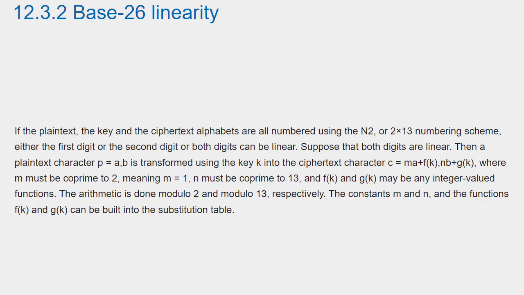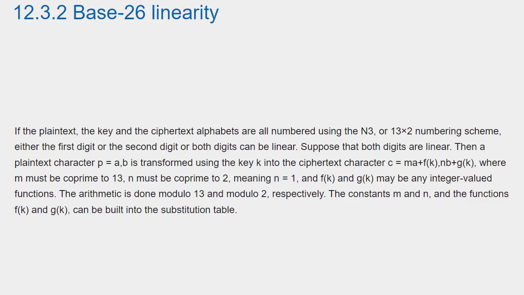Then a plaintext character P = (A, B) is transformed using the key K into the ciphertext character C = (MA + F(K), NB + G(K)), where M must be co-prime to 2, meaning M = 1, N must be co-prime to 13, and F(K) and G(K) may be any integer-valued functions. The arithmetic is done modulo 2 and modulo 13, respectively. The constants M and N and the functions F(K) and G(K) can be built into the substitution table.